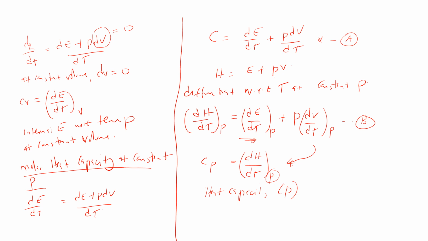Rate of change of enthalpy with temperature at constant pressure. That is the definition of the heat capacity at constant pressure.